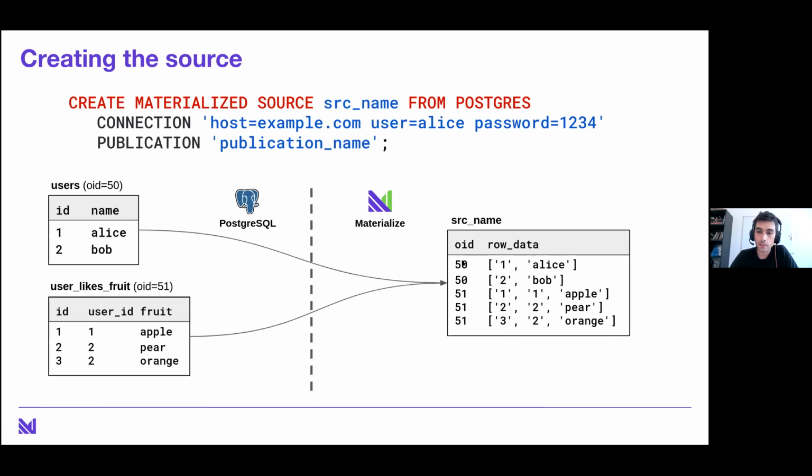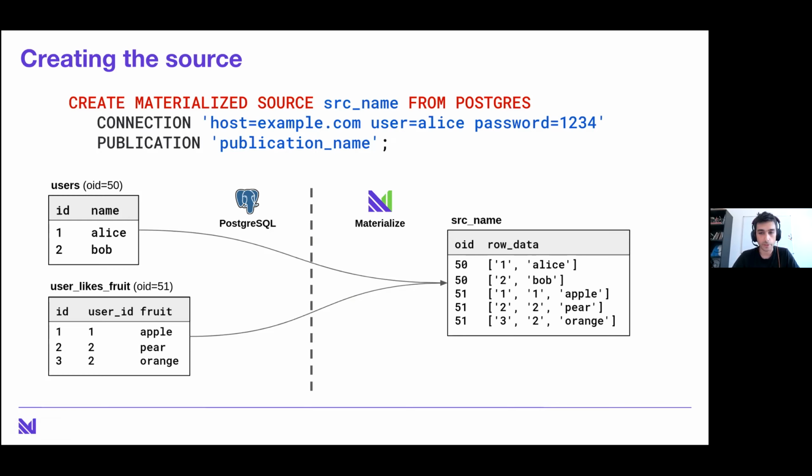And the rows are tagged with the table ID. So here we see users happen to have table ID 50. And then in the row data, it's just a text encoded array with the data. This is how Postgres sends the data over the wire. So this is what this table represents.